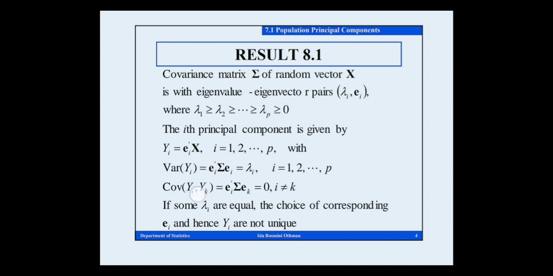Let's say kalau kita nak cari covariance of Y1 and Y2, so maksudnya you need to multiply the vector of eigenvector for the first principal component, multiply variance covariance matrix of X, multiply tadi ada transpose first eigenvector for the first principal component. This one EK adalah tadi kat sini Y2, so kat sini will be E2, means that the eigenvector for the second principal component.